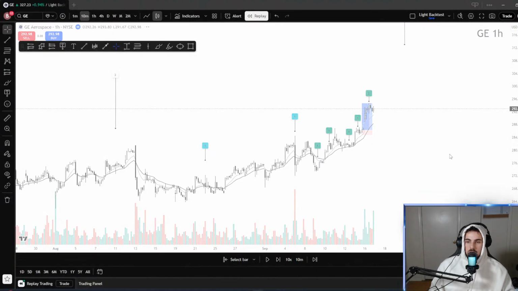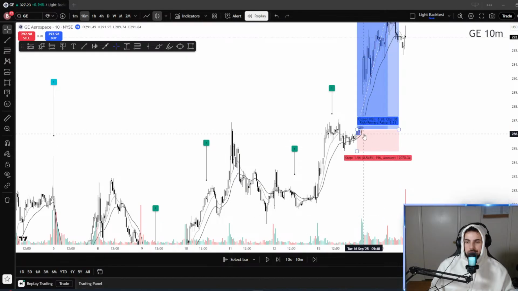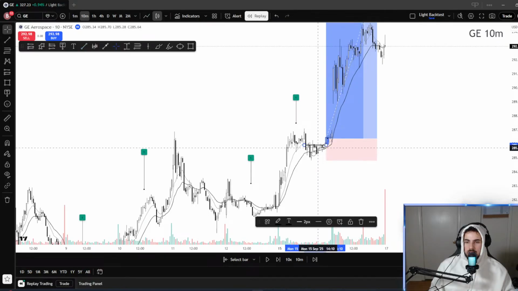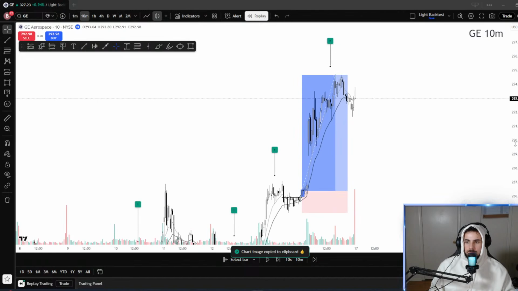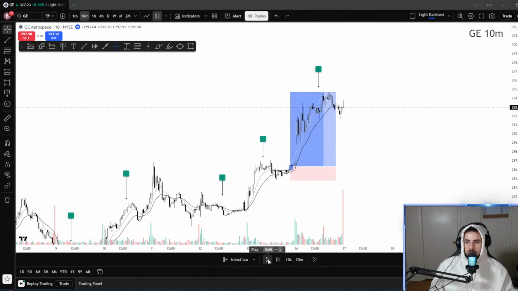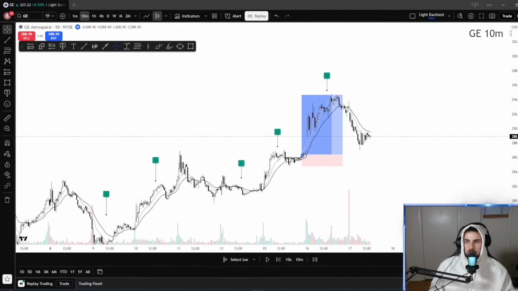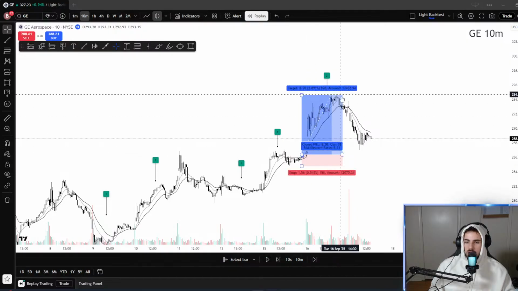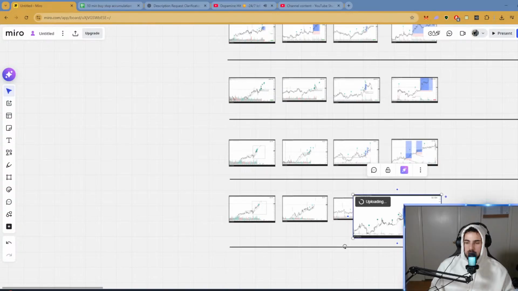And then the entry, screenshot that, highlight the candle we would have entered on. Breaks past all of these highs, kind of out of the sideways price action. Some of these trades just look beautiful, like they deliver right away and then they fail, which is, you know, just a nice sight to see.